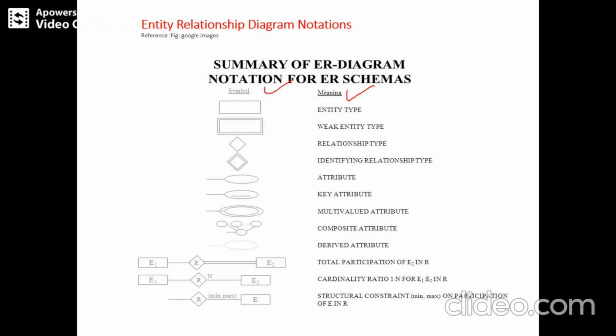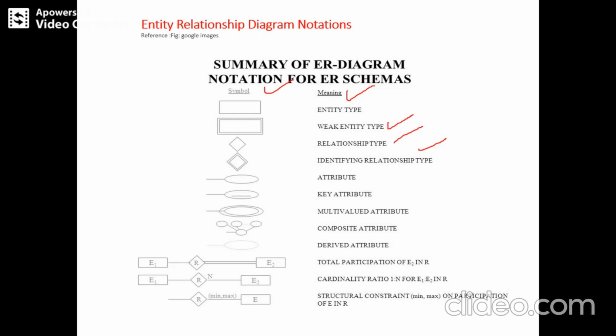A double rectangle box indicates a weak entity type, while a single rectangle box is used for a strong entity type. A diamond shape is used for a relationship type, and a double diamond is an identifying relationship type.